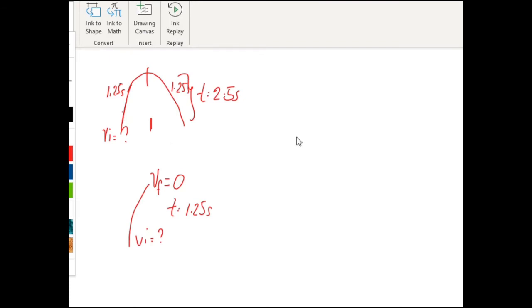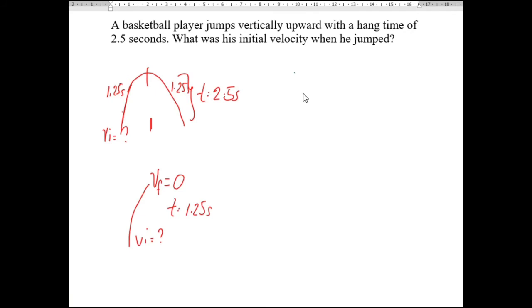So which of those equations are we going to use? Since we are looking for the initial velocity, let's check our first equation. We have Vf equals Vi minus Gt. So you have initial velocity, we're looking for that. You have G, and then you also have time. The final velocity on top here is equal to 0.